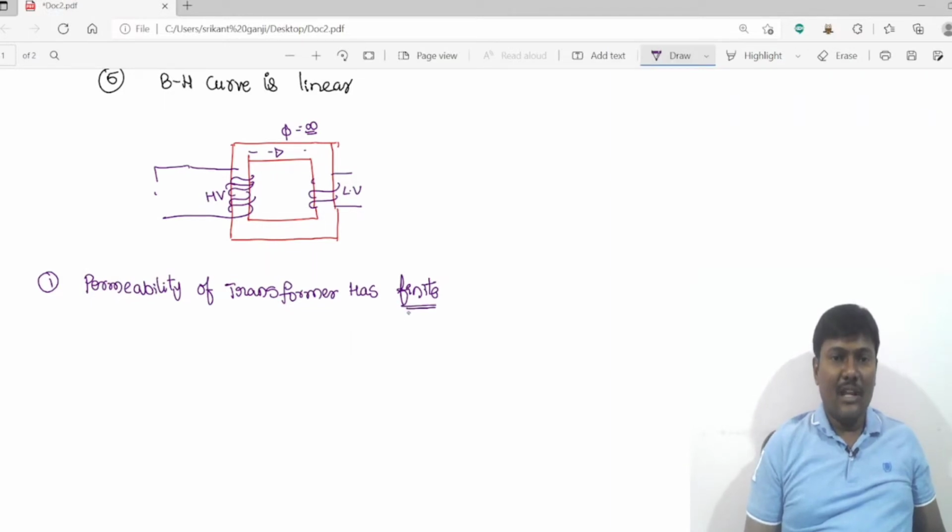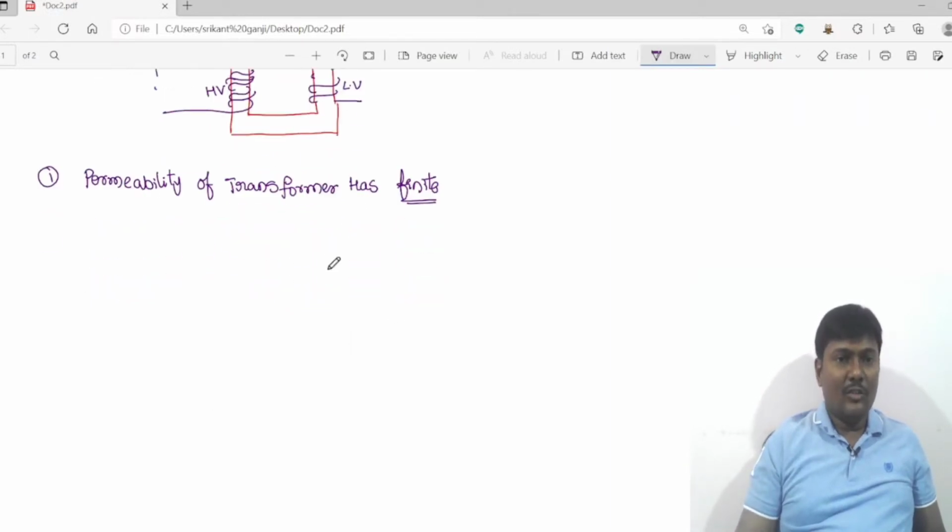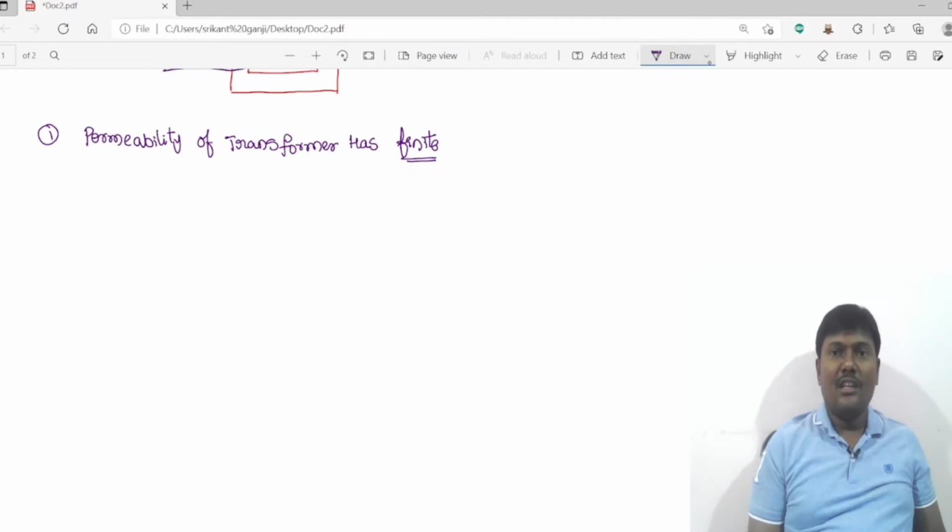So that is a defined value, and a minimum excitation current is required to produce the flux.